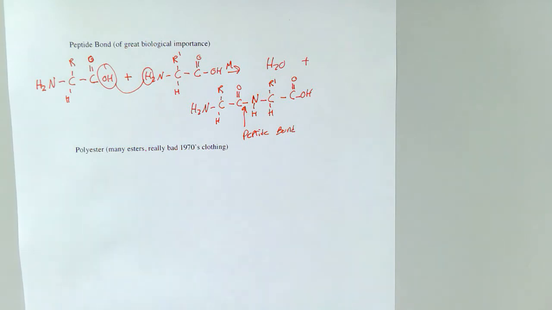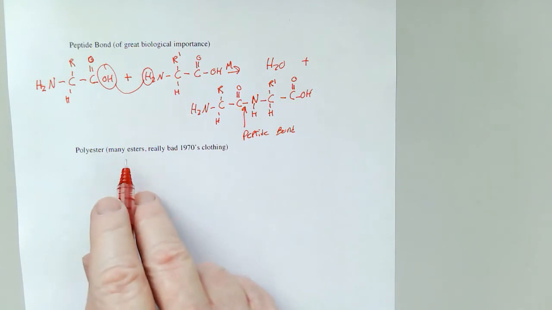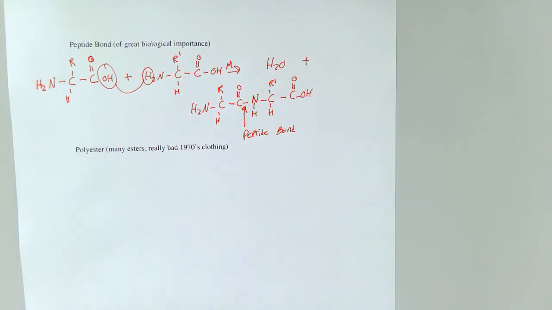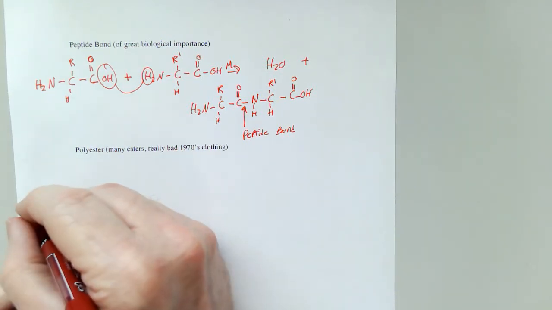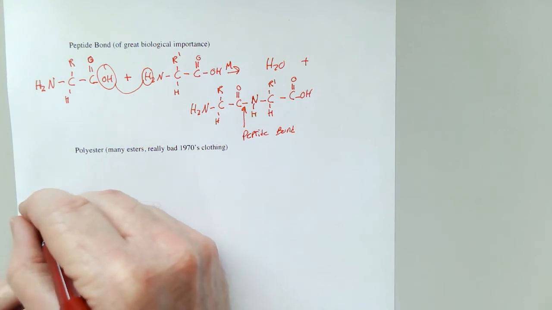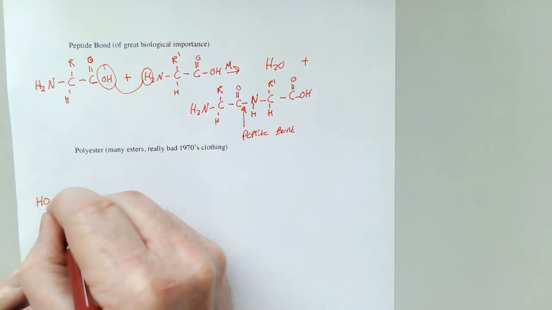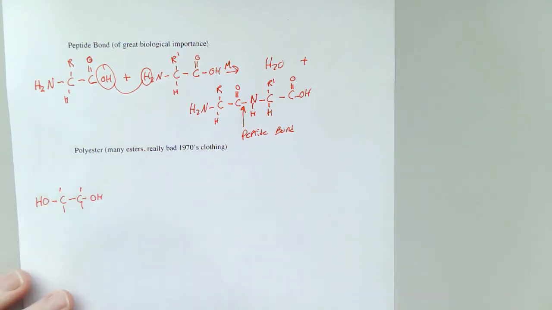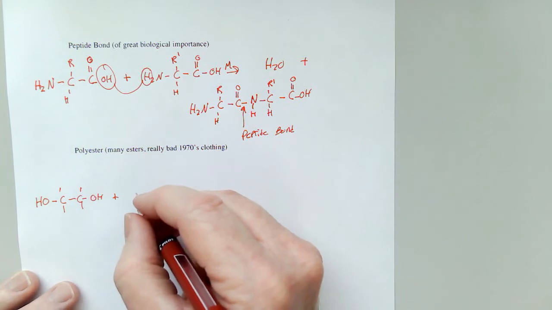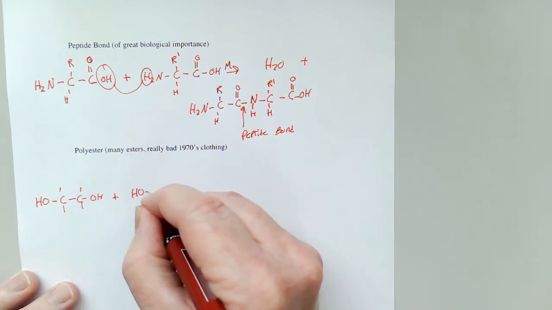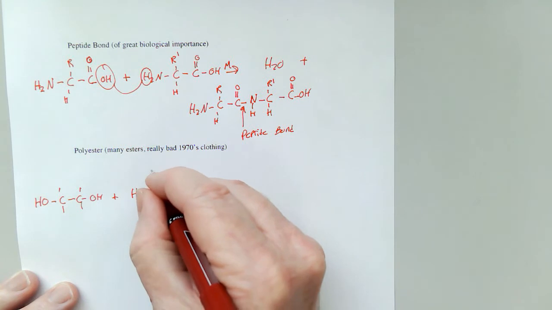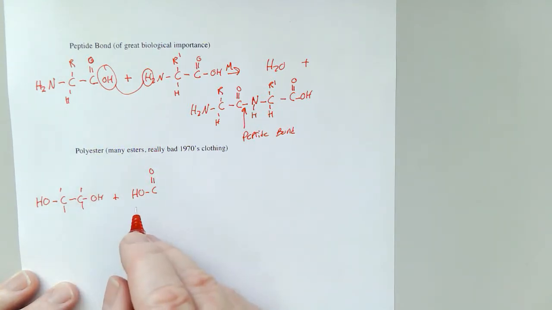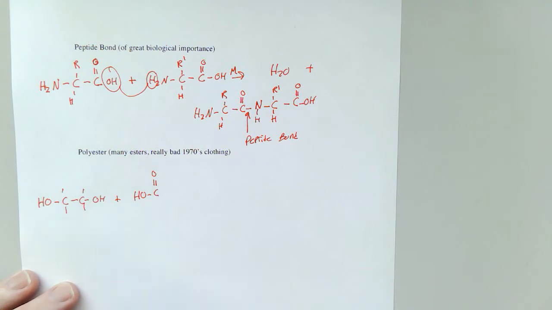Now, polyester. Many esters. And this was very popular back in the 1970s for really bad clothing. What we're going to need are some symmetric molecules. So HO, C, C, OH, with hydrogens coming off it, reacting with HO, C, double bond O, so we have alcohol, and we're going to have carboxylic acid, ester again, right?